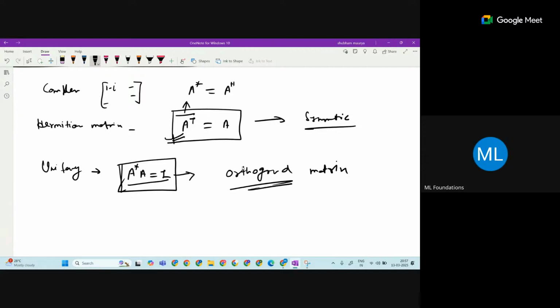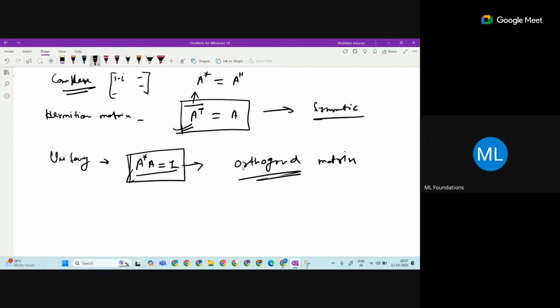There is a broader meaning of unitary and Hermitian when we are working with complex numbers, and different names are given for symmetric and orthogonal. The name Hermitian is used where we are doing the conjugate. This conjugation and then transpose is the key difference between real and complex.